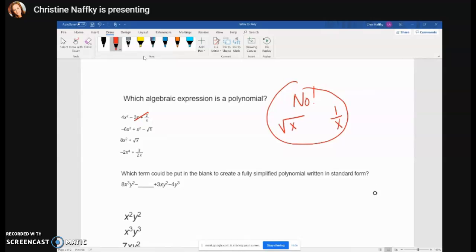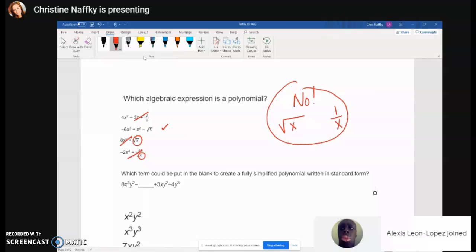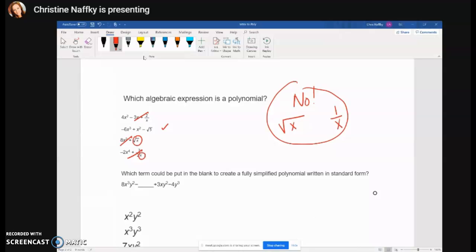I can have the square root of 5, that's fine. My variables, my letters, are sitting right where they need to be, so that one's fine. That's a polynomial. This one's bad. You can't have that square root with a variable in it, so that's a no. And again, on that last one, you cannot have that variable or letter in the bottom, so that's a no. So that would be your second choice right there. Remember these no's. You might want to put that in your notes somewhere. These are your big no's for polynomials.